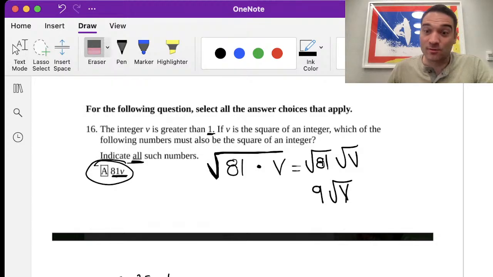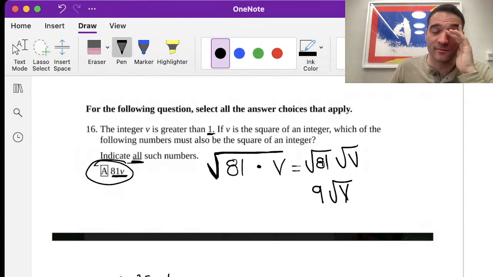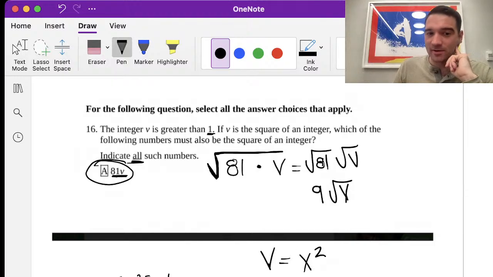Here's the way to do this in sort of a quadratic factoring way. I know we might have touched on quadratic factoring very briefly, but here's what it is. v is the square of an integer. Let's call it x squared. So what I could say is this is 25x squared plus 10x plus 1.